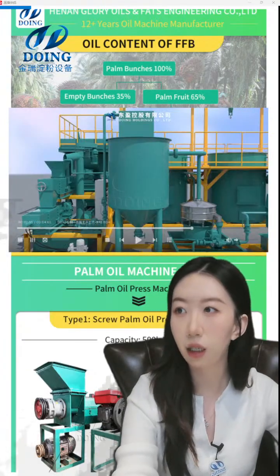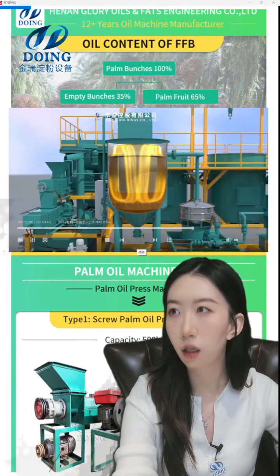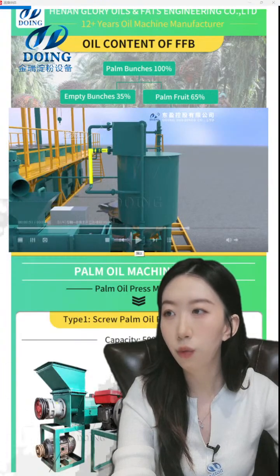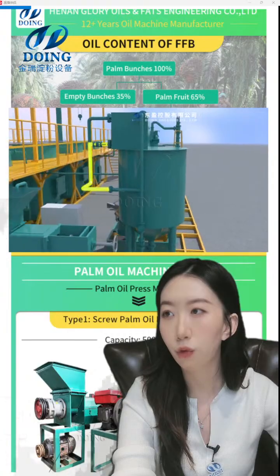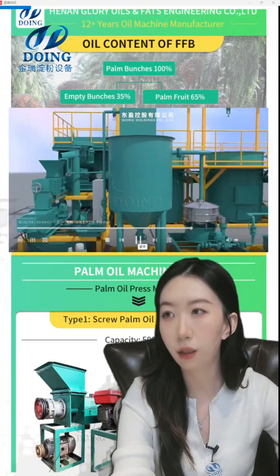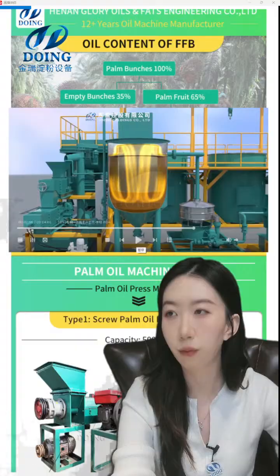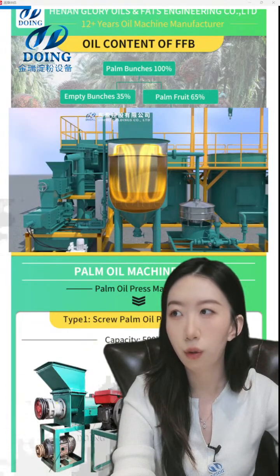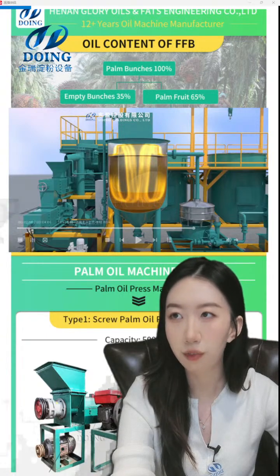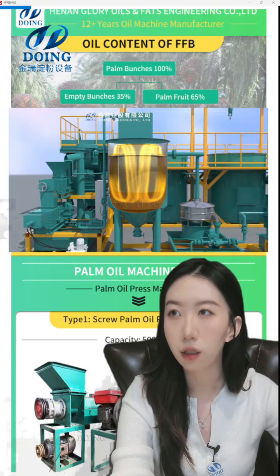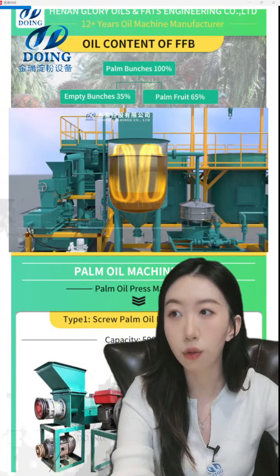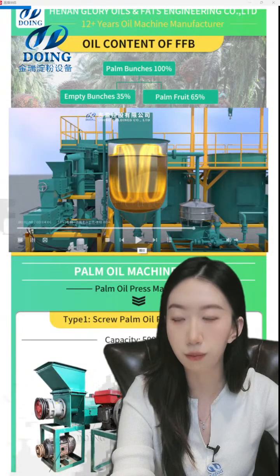You can see the crude palm oil flows in from the middle and lower part, and then in the clarification tank, the crude oil will be settled. After settling, the impurities will fall down to the bottom of the clarification tank.